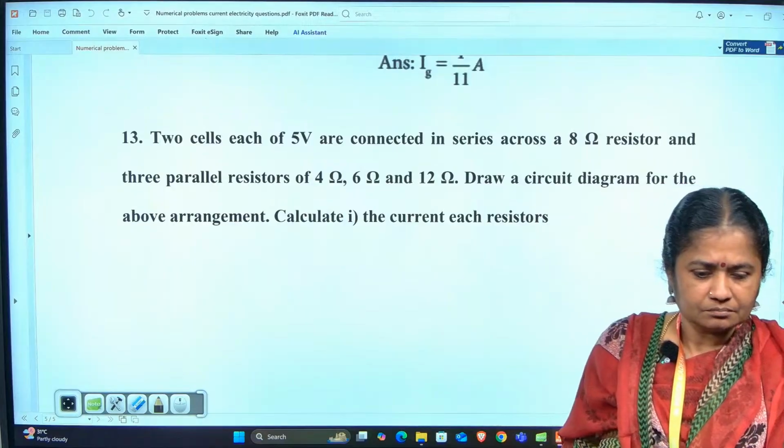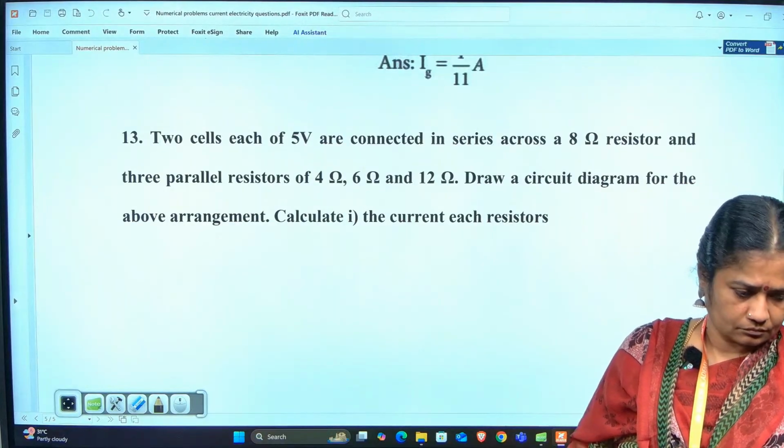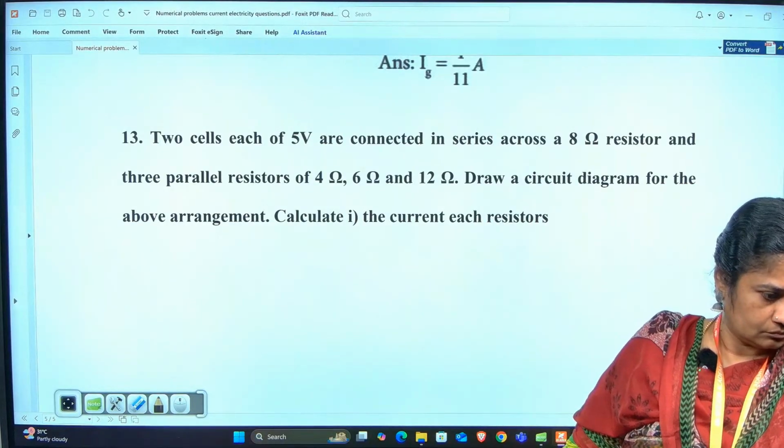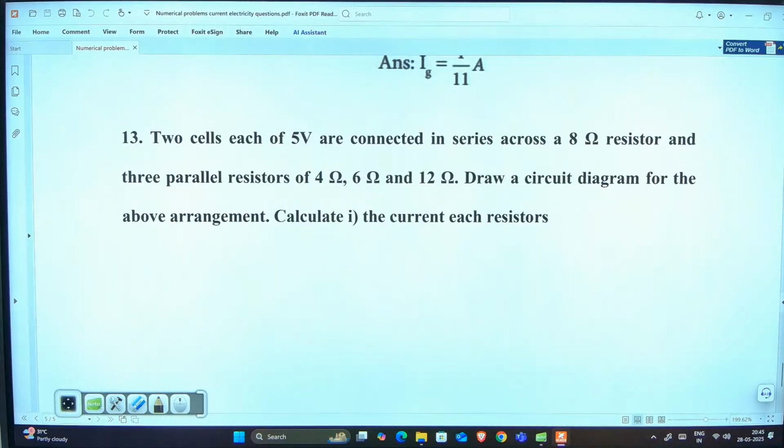Finish drawing the diagram. This whole parallel should be in series with 8 ohms. Now 8 is also become parallel.